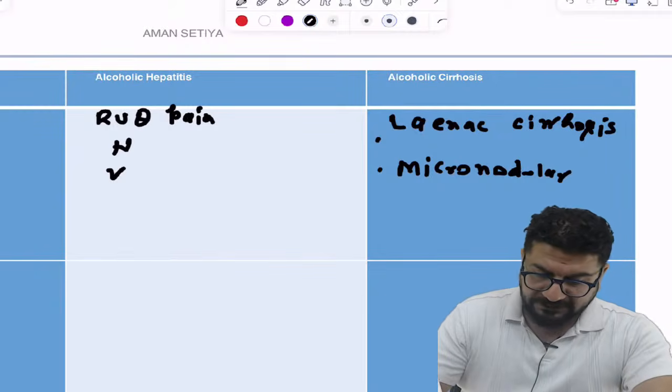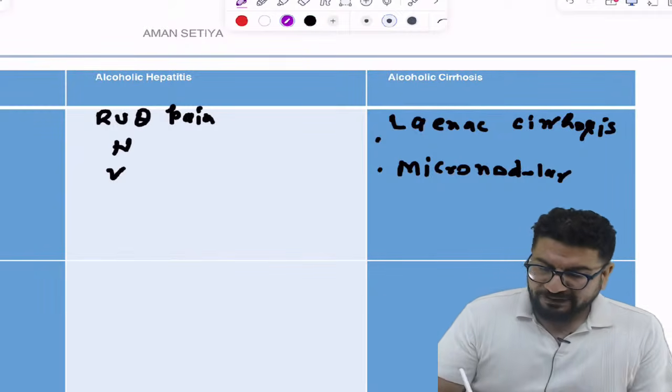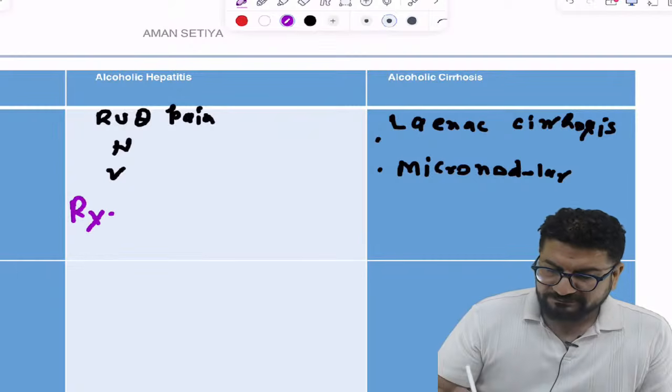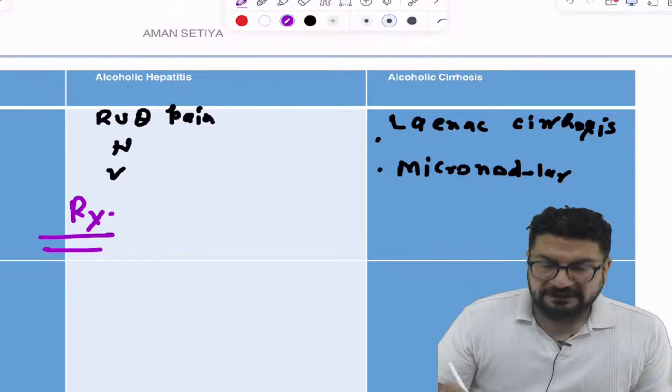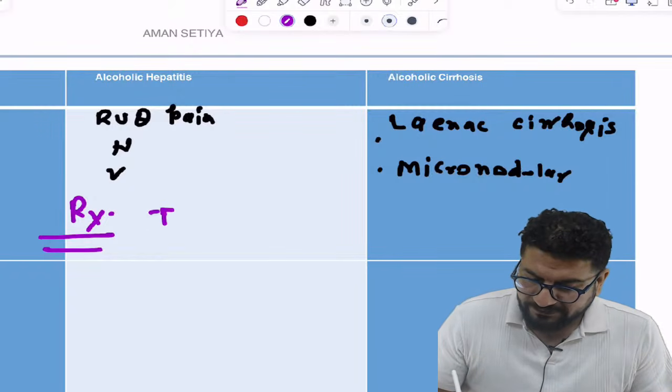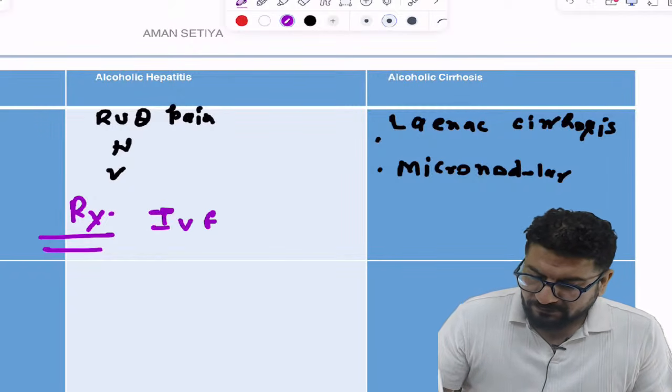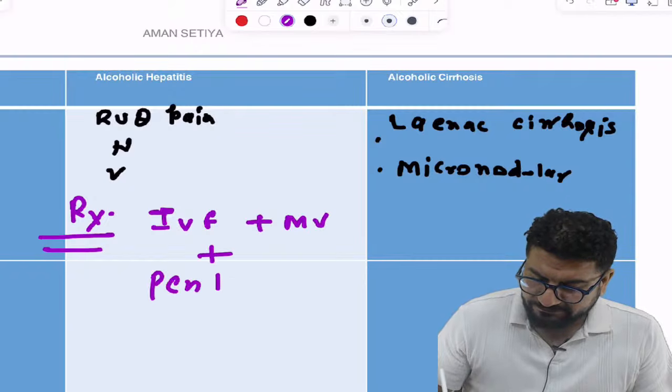Now what they ask you in exam, आपसे पेपर में क्या पूछते हैं? How do you manage an alcohol hepatitis patient? So alcohol hepatitis को कैसे manage करोगे? First, we stop alcohol, we give IV fluid to the patient plus multivitamin. Then we can use a drug called pentoxifylline.